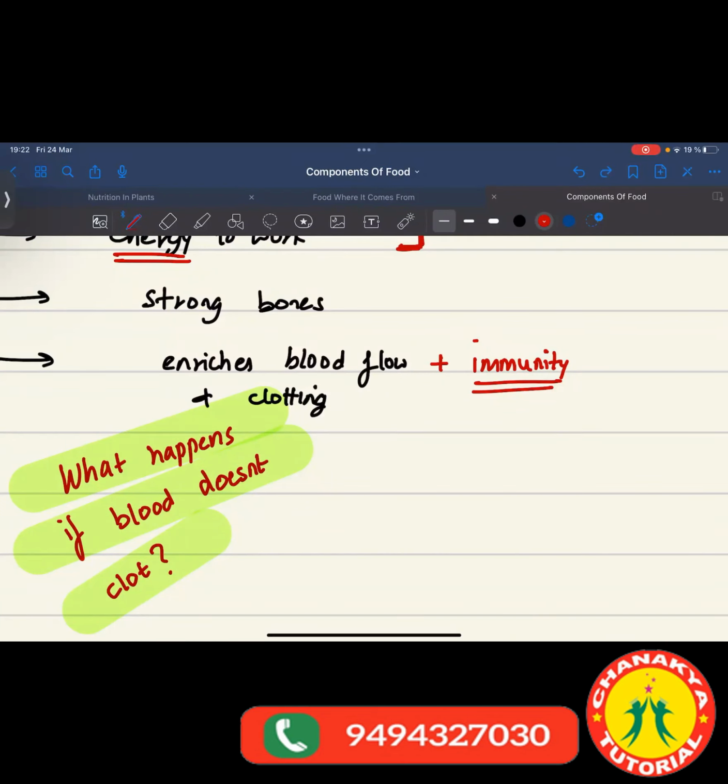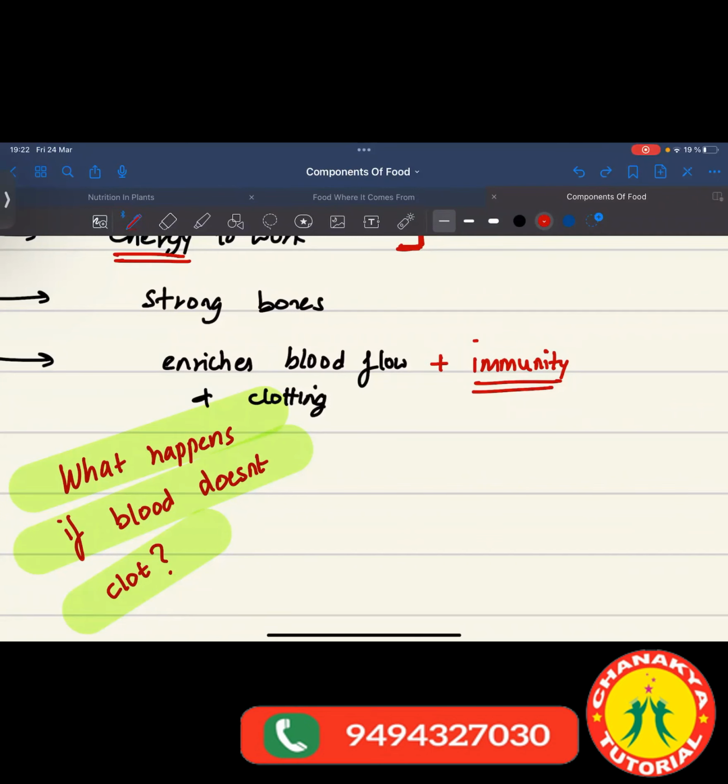Okay. So have you all had this COVID vaccination? Have all of you taken the COVID vaccination? No, ma'am. Okay. What about any other vaccination? Have you ever had a vaccination in your life? Yes, ma'am. Okay. So what is this vaccination? Why should we take vaccination?